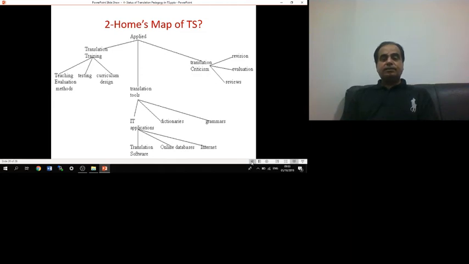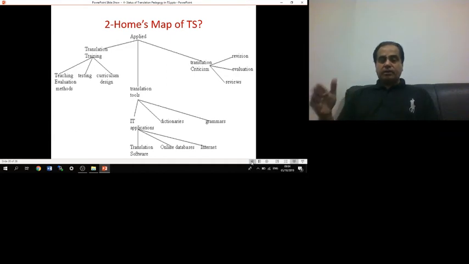In the middle you see the translation tools, because it's the applied side. So translation tools: we have IT tools, dictionaries, grammar books, and in the IT tools we can mention applications, translation software, online databases, the internet, and many things, because this area has developed a lot really.